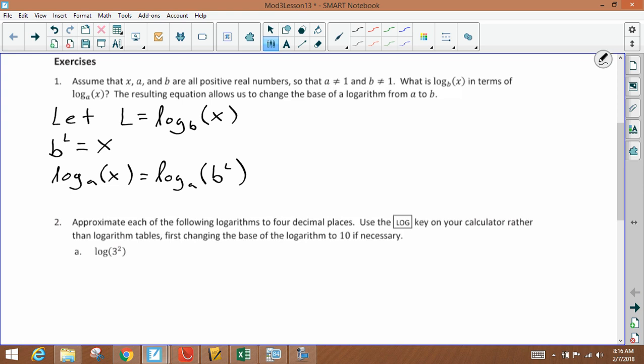Now I'm going to pull the L out. So I'm going to say that log base a of x is equal to L times log base a of b.